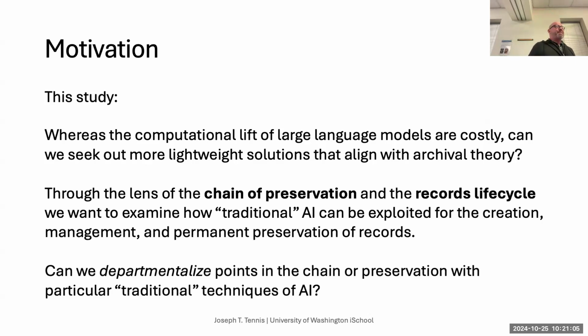Then we can departmentalize, I'm coining this term at this point, we can departmentalize points in the chain of preservation with particular traditional techniques of AI. So linking the traditional techniques with particular points in the chain of preservation.